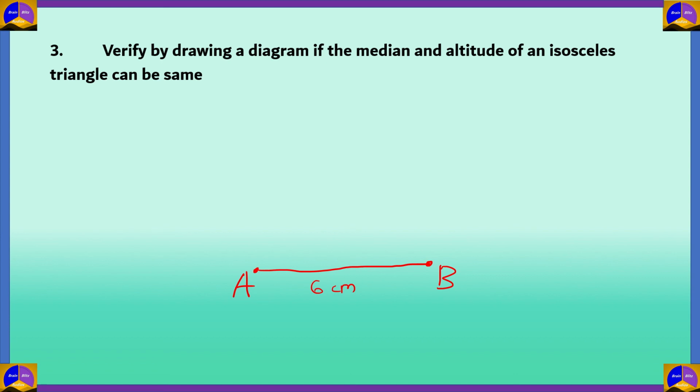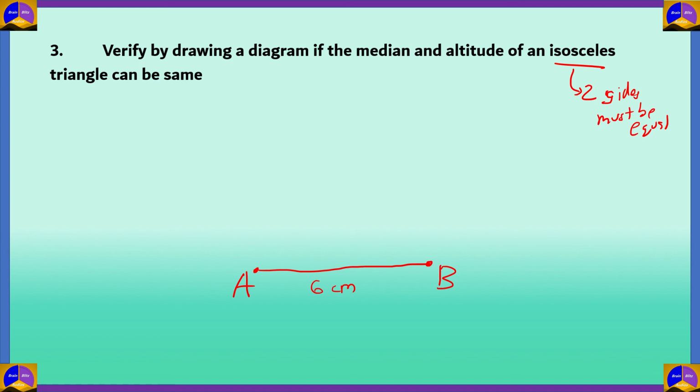Now in an isosceles triangle, two sides must be equal. So let the two sides we are about to draw be equal, say 8 centimeters.